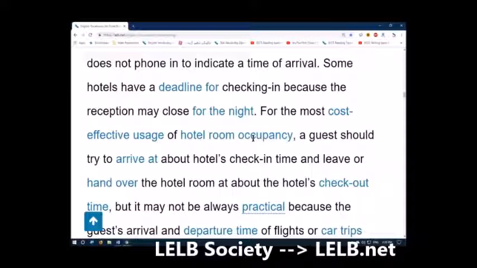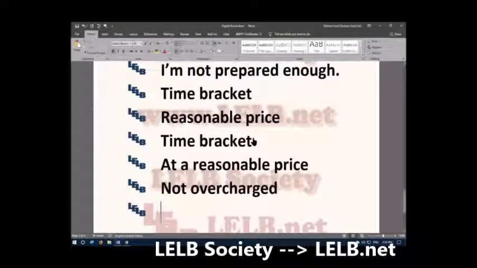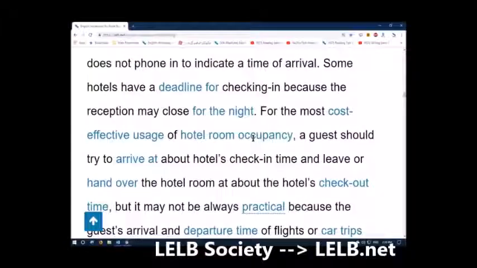A guest should try, you need to be punctual, or on time, to arrive at about the hotel's check-in time and leave or hand over the hotel room at about the hotel's checkout time.